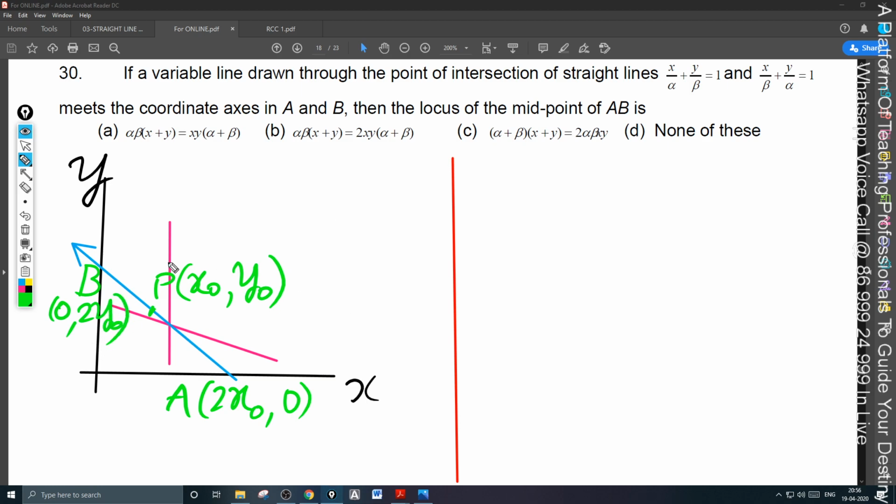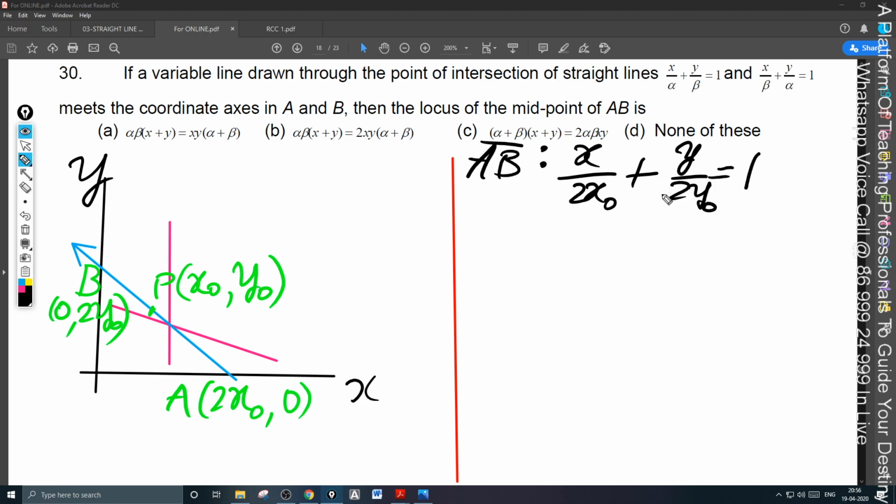Now the line equation AB is, intercept is known to us, x by 2x naught plus y by 2y naught is equal to 1, but it passes through some other point. Let me name it some other point A.